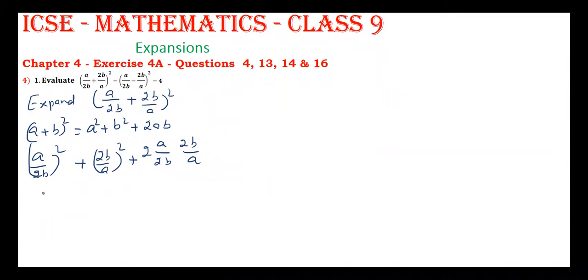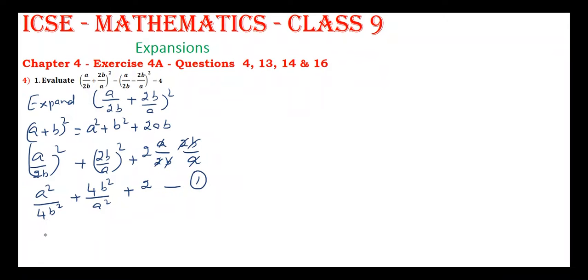So we can expand this. It's a²/4b² + 4b²/a² + 2. Here we can cancel: a cancels, b cancels, 2 also cancels. Only 2 we have. So this is the first one.